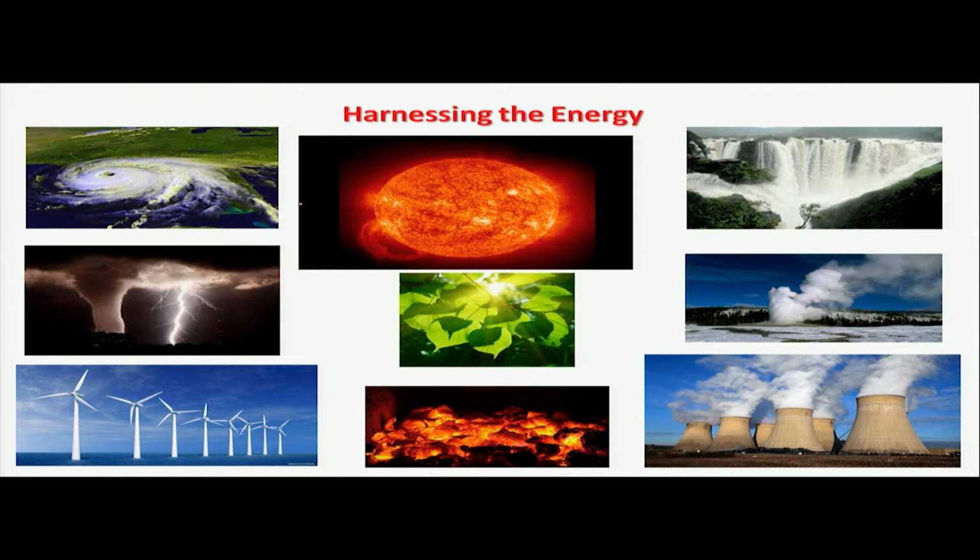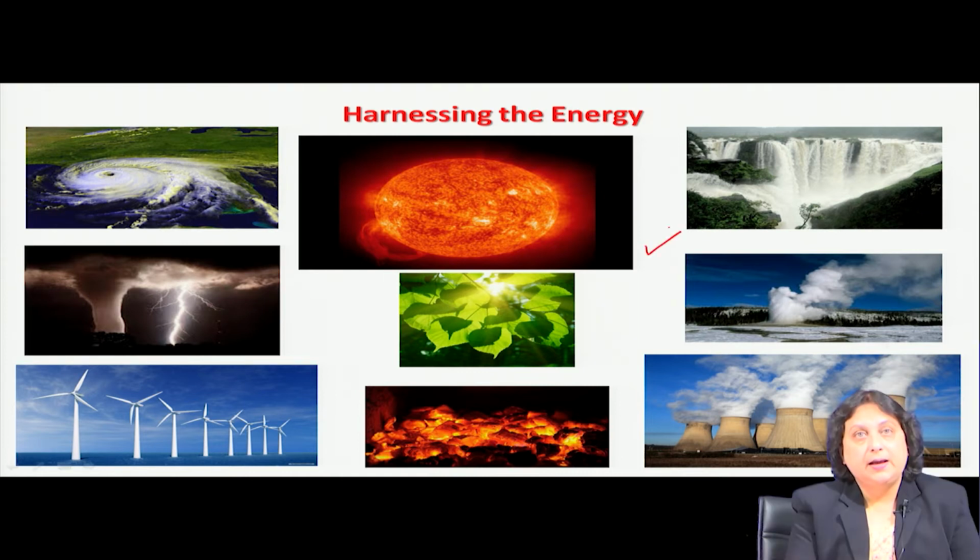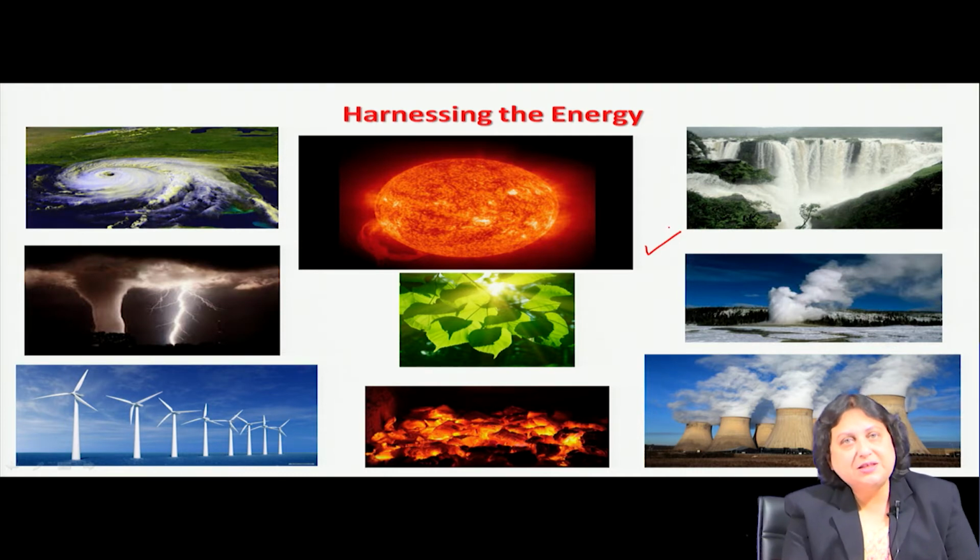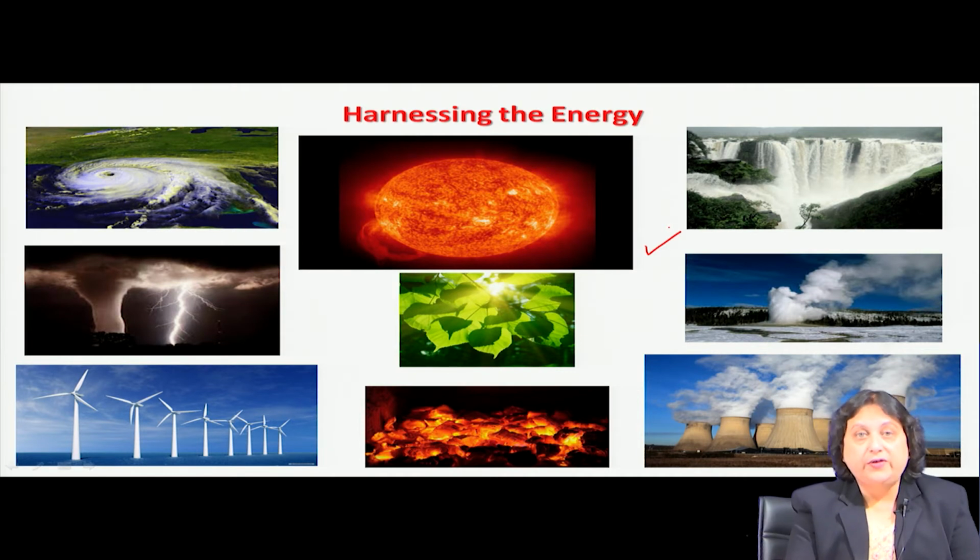For example, the biggest source of energy is our sun. And we can use solar energy to the best of our capability if only we had the best machine to do that. These days, we have a lot of devices employing solar power to convert into some useful form of energy by which I can drive useful machines.